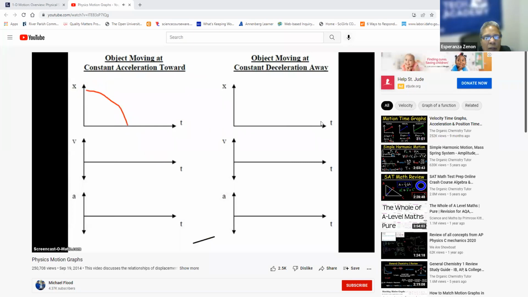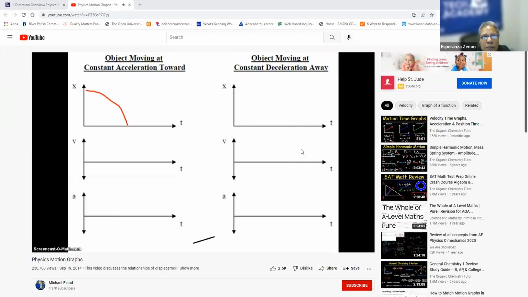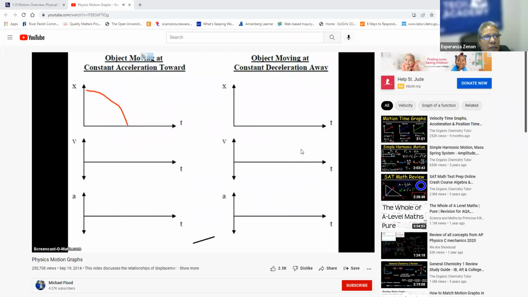For the VT graph, constant acceleration means we start from rest and get faster, so the V numbers have to be getting bigger, but we're moving toward the point of origin, so we're below the time axis.